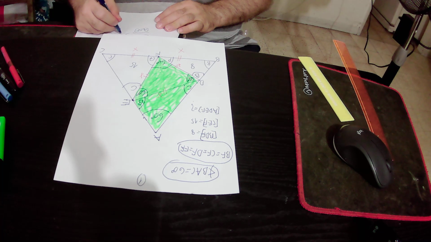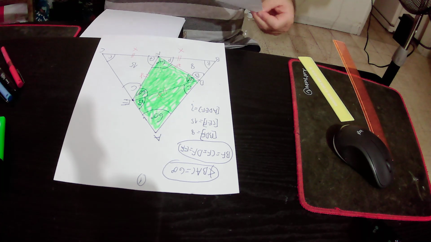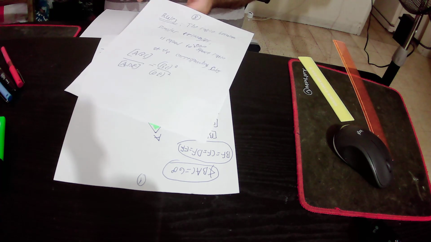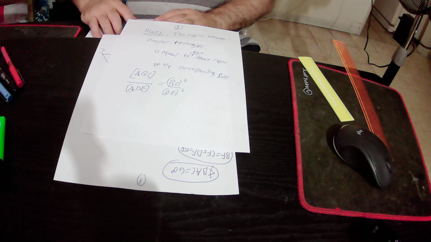That is to say, it will be equal to BC square over DE square. Okay, so actually that is the implementation of rule number 3 in our two similar triangles. The ratio between the areas of the two triangles equals the square ratio of their corresponding sides.